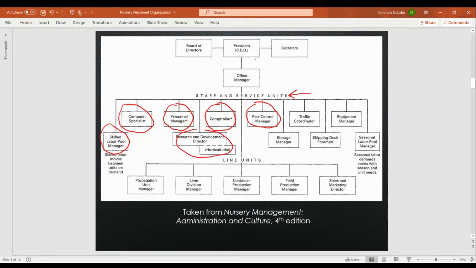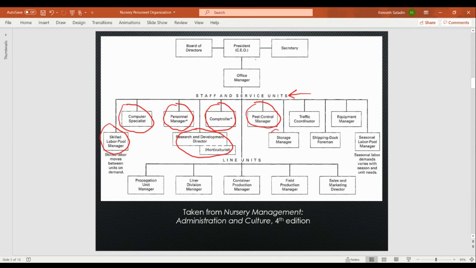And a lot of times the person that's hired to do that is called a horticulturalist. So that position would probably require a 4-year degree from a university, a degree in horticulture or horticulture science, for example.